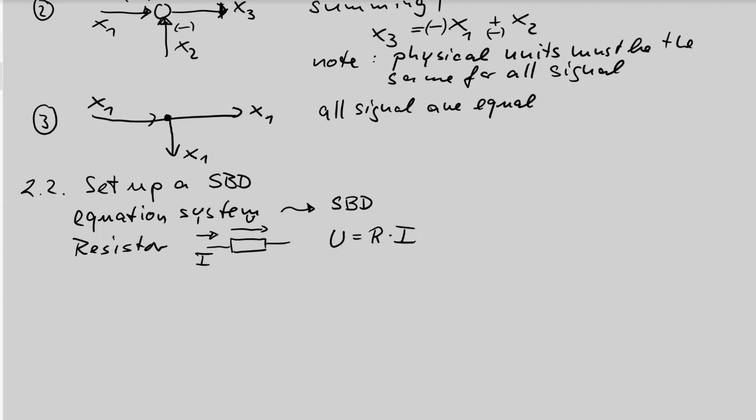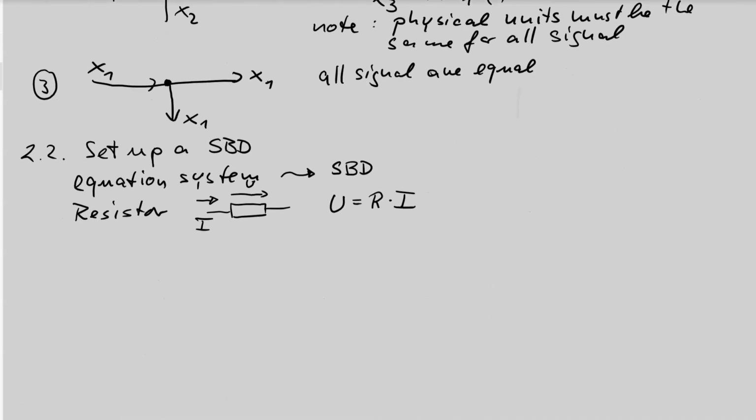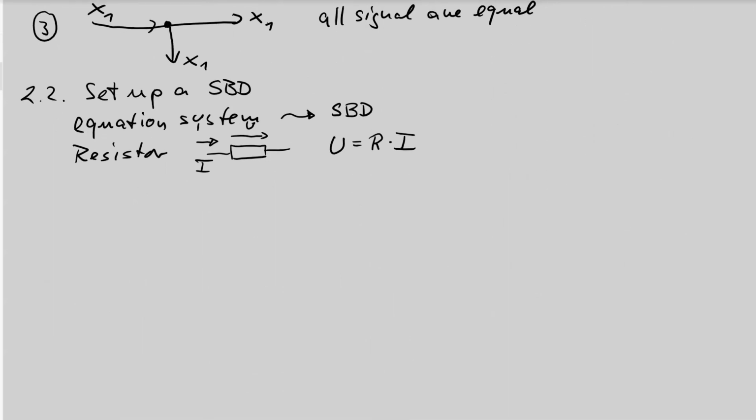In a signal block diagram, we have learned there are boxes, and boxes have outputs and inputs. There is a cause and a response. The question is, what is a cause in a resistor and what is a response?